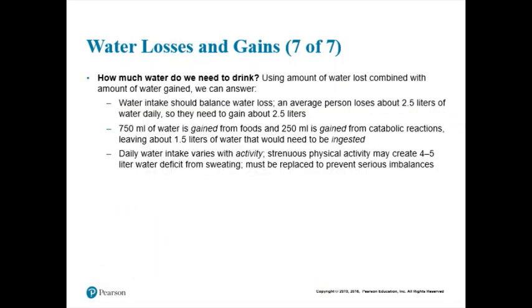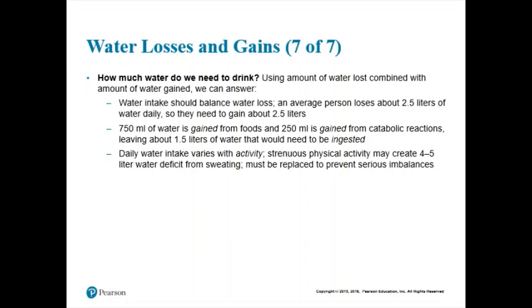When we talk one more time about water balance, we've got to think about all the ways we gain and lose water. You know now all the ways you're going to lose it. And you know at least one way you're going to gain it. You know you could get it from chemical reactions. And you could also drink it and ingest it. So let's say in a typical day, if I wanted to think about my water balance, how much water am I going to lose and gain?